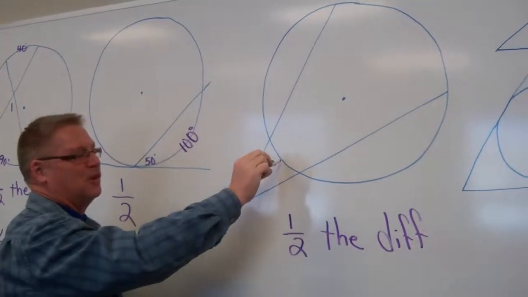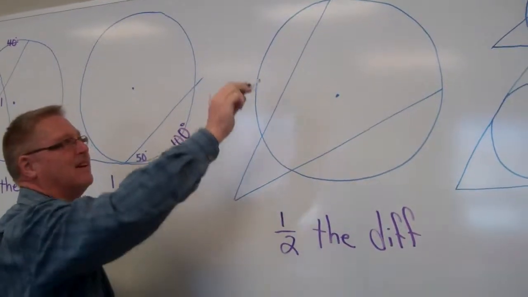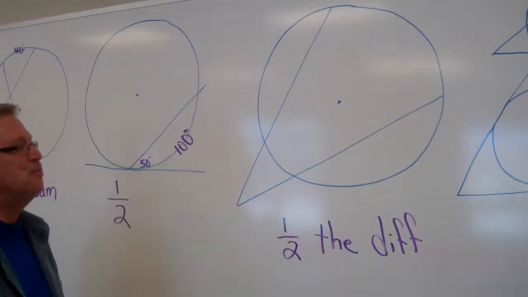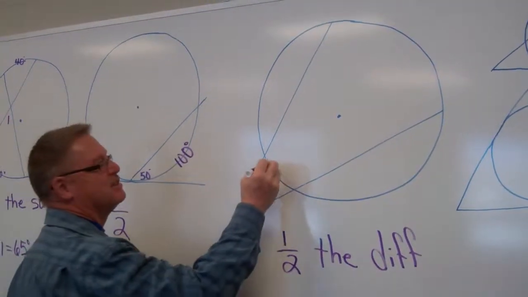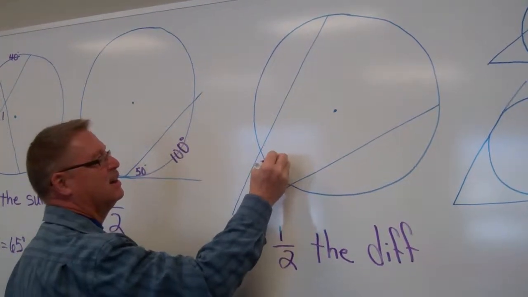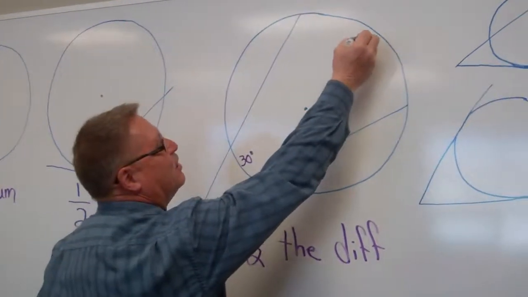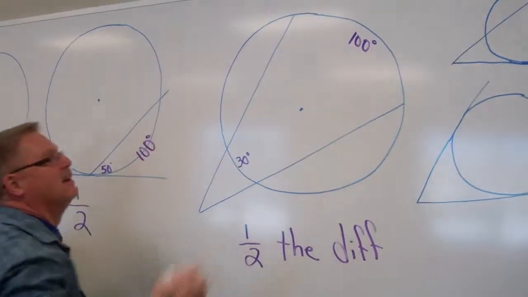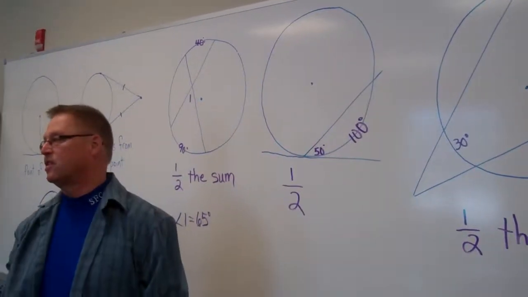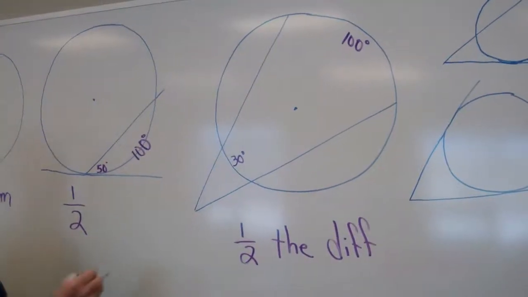The close one will always be smaller, and the far one will always be bigger. So if this one catches 30 degrees of arc here and 100 degrees of arc there, the angle will be half the difference between that, 35.